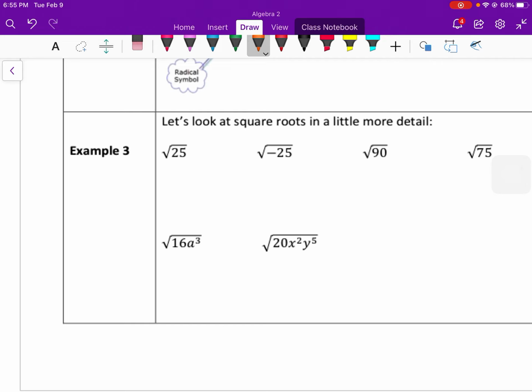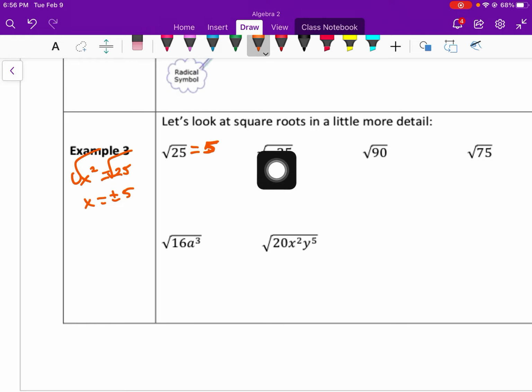The square root of 25 is going to be 5. If, again, I'm reiterating, it was introduced as x squared equals 25, and then we took the square root, then x would be plus or minus 5. But in this case, it's the square root of 25, so that is 5.